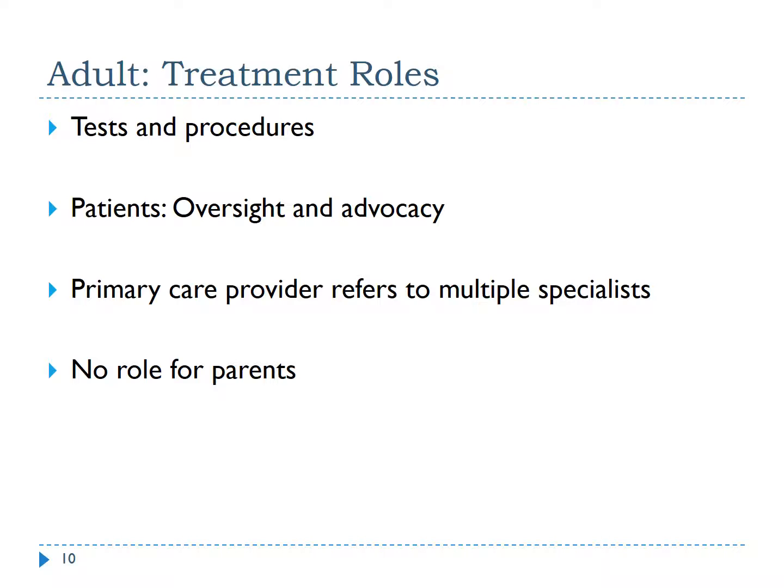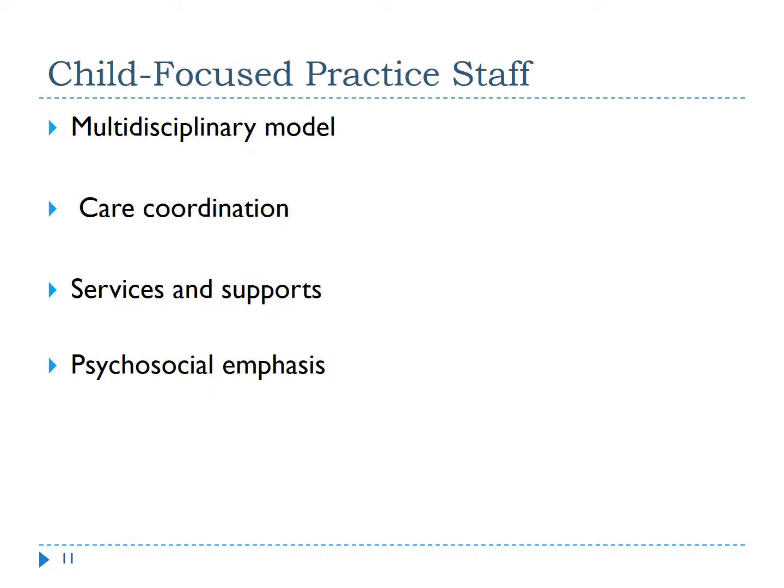Primary care providers typically refer patients with complex needs to multiple specialists. The patient sees these providers sequentially over time on different days and in different locations. Condition-specific clinics are less common. Pediatric clinics and practices have an established multidisciplinary model with easily accessible care coordination, services, and supports.